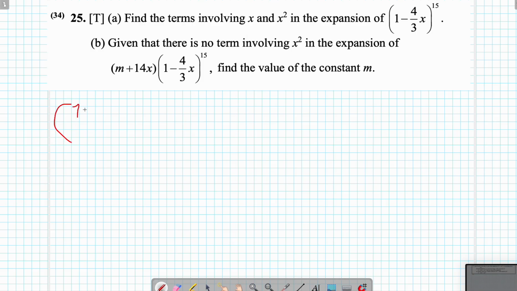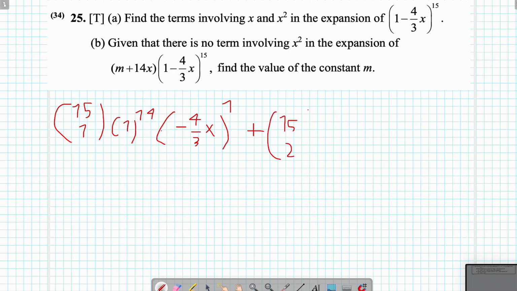So 15c1, 1 to the 14, times negative 4 over 3 x to the 1, plus 15c2, 1 to the 13, times (negative 4 over 3 x) all squared.